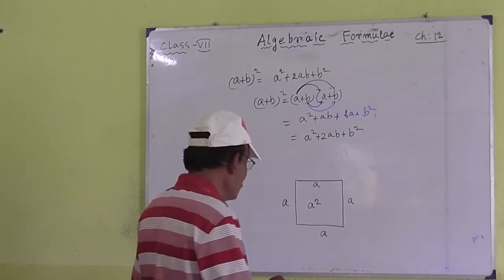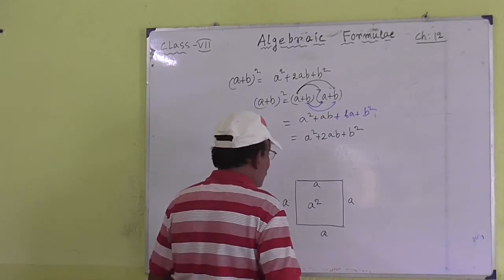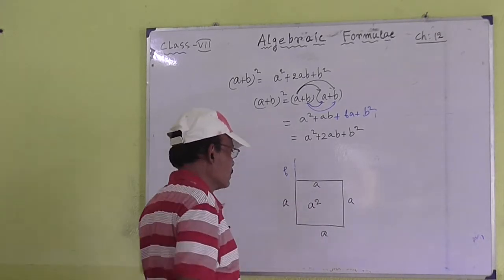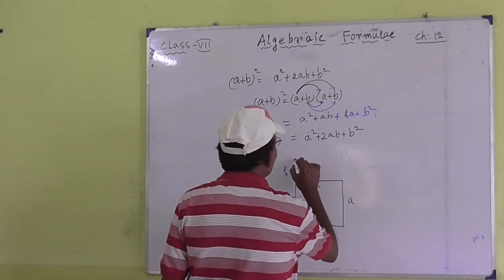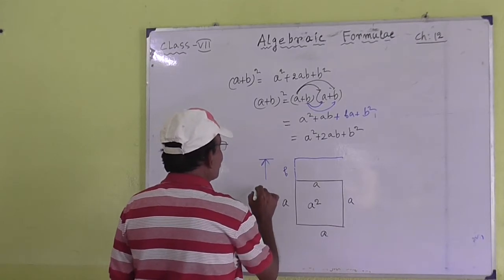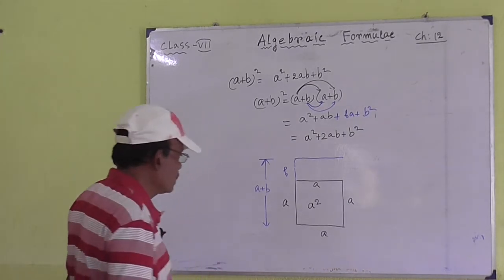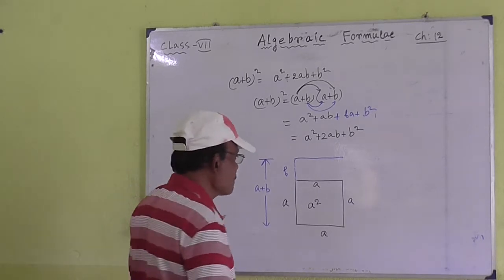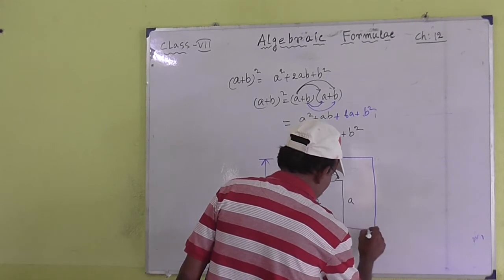Now, let us take the length b, this length, the blue color. So, the total length of the side is a plus b. Okay. If we make a square with the help of the side a plus b, we get this form.